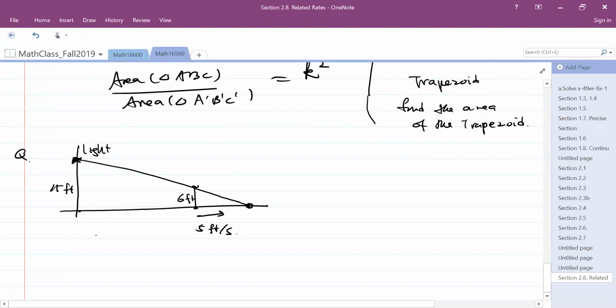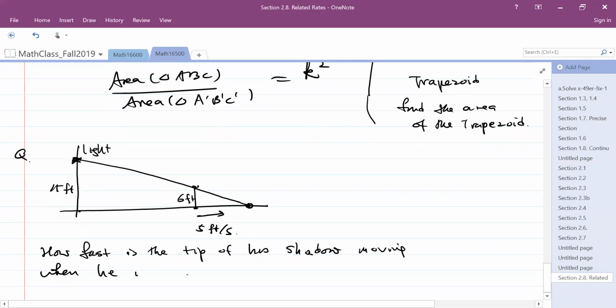And what is the question? How fast is the tip of his shadow moving when he is 40 feet away from the base of the pole?